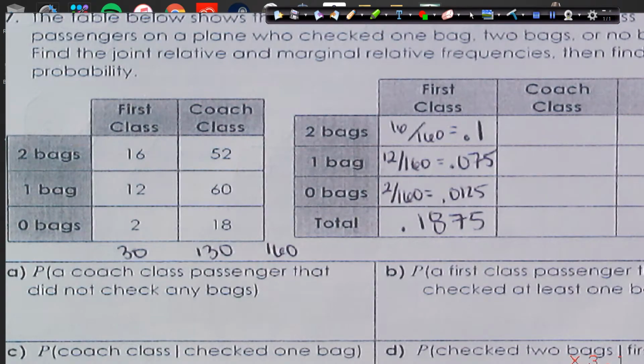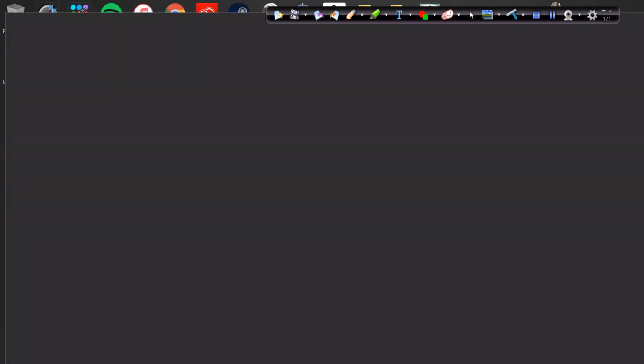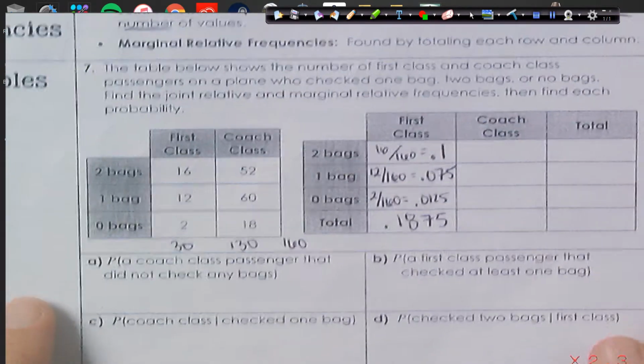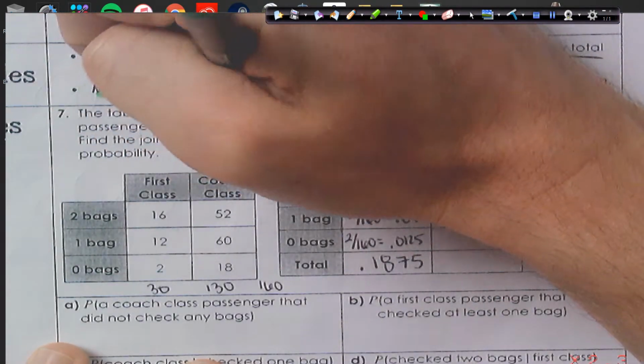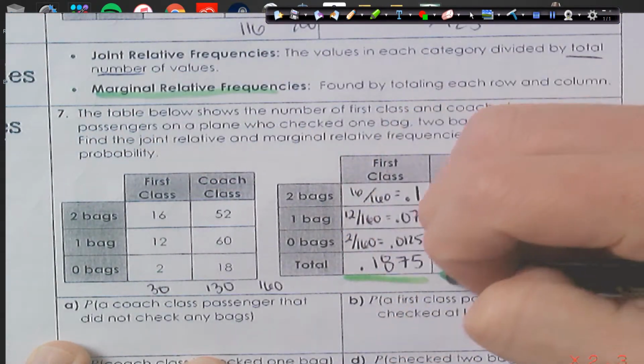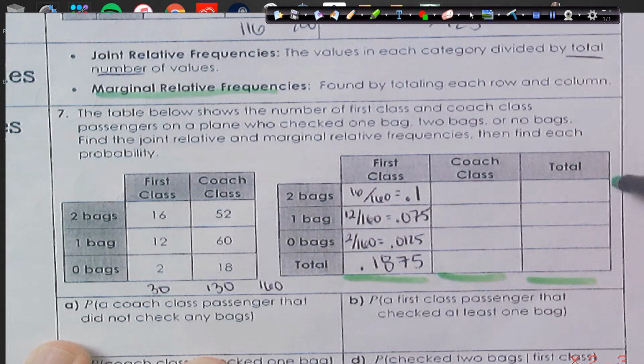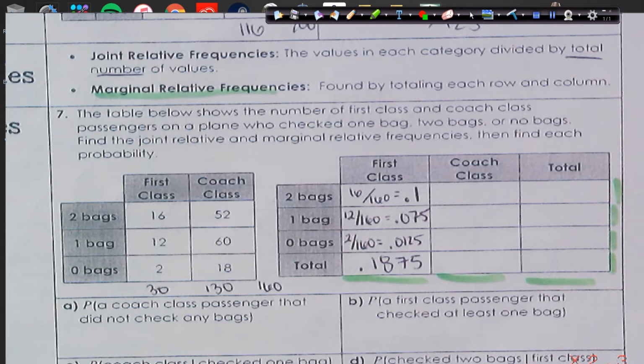So we're going to fill this in. I'm going to go a little bit faster because I showed you how to do it once. The marginal relative frequencies are going to be all of the totals, versus the joint relative frequencies, which are going to be all the ones on the interior.